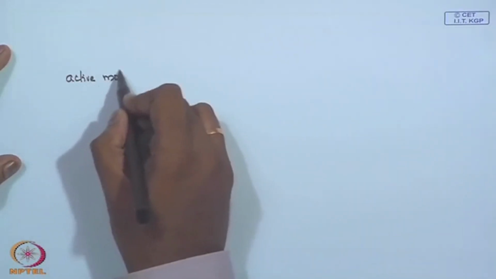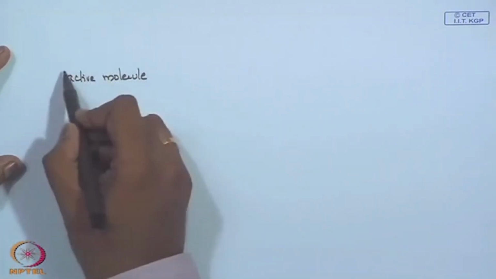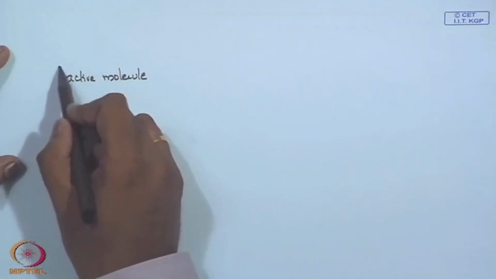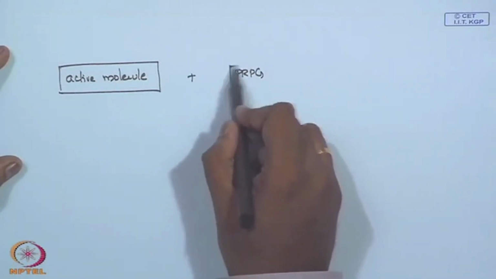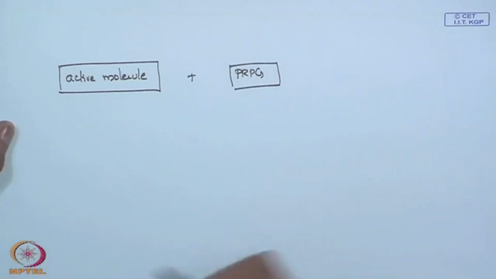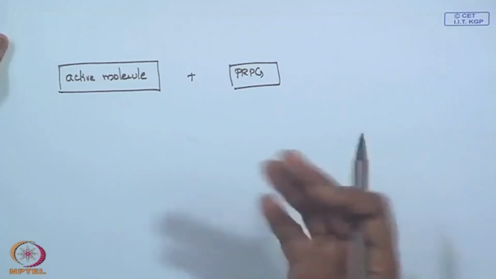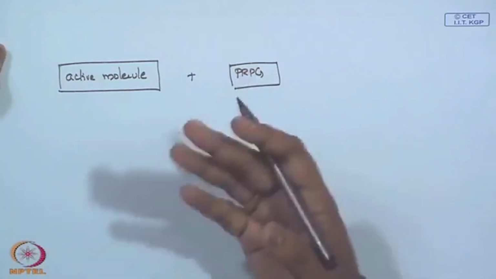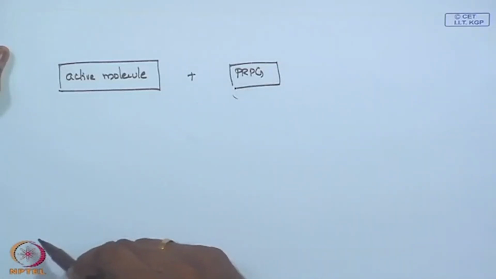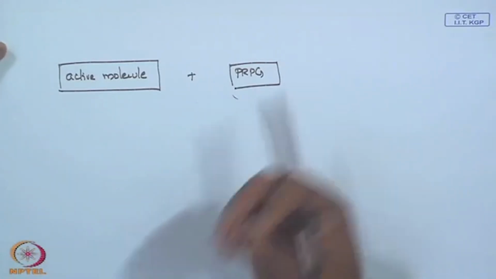For example, I am taking chlorambucil, which is my anti-cancer drug, and then I take my photoremoval protecting group, like coumarin, so that it can be water soluble, or it can absorb at a longer wavelength, so that your cell is not affected. There are protecting groups which can even absorb at 410 nanometers. After it releases, it should not be toxic to your system either.